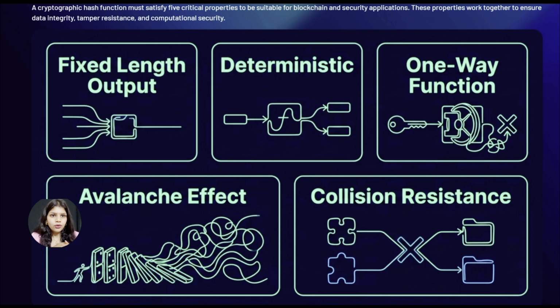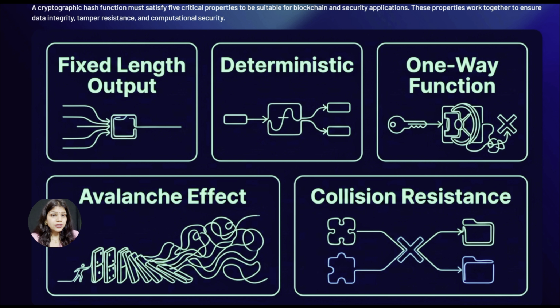First, fixed length: however large the input you give, the hash value size will be fixed. Deterministic: if you give the same input multiple times, it will produce the same hash value. One way function: once the input has been converted to a hash value, it can't be reversed.